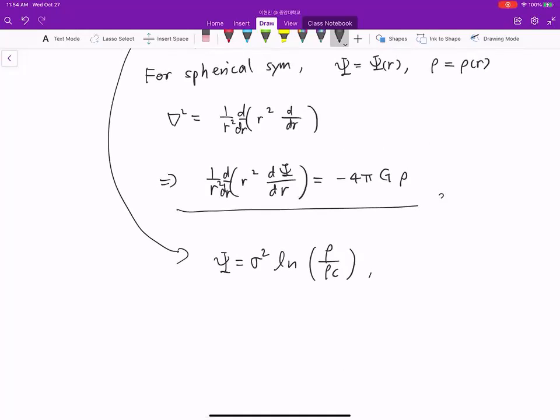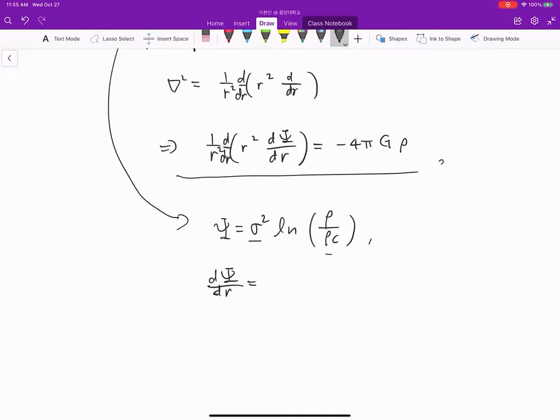So the derivative of the gravitational potential equals, since sigma square is constant and rho c is also constant, sigma square times 1 over rho d rho.